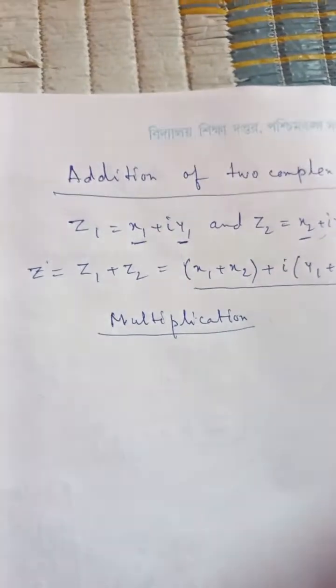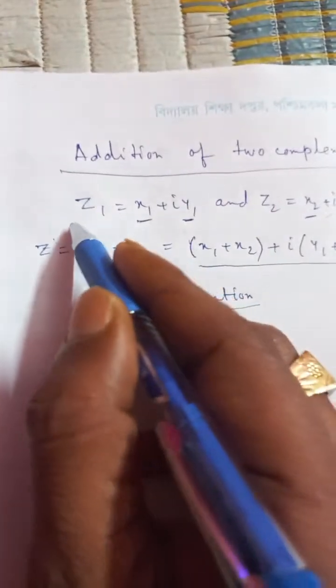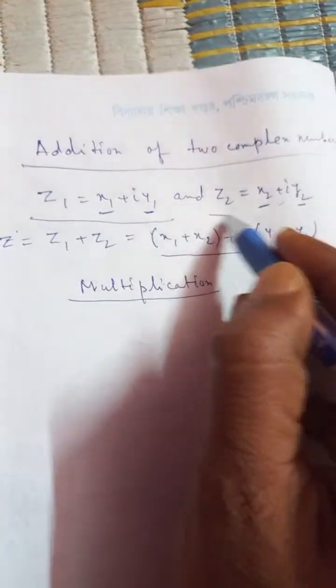two complex numbers? So here we will take z1 in this way and z2 in this way.